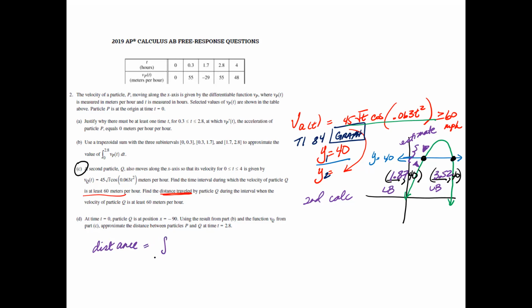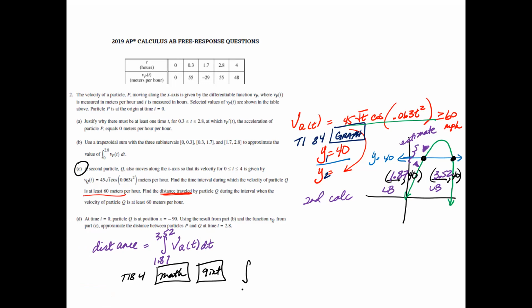So then if I were to look for the distance of this, it's going to be the integral of 1.87 to 3.52 of v of q of t dt. So to do this, you also need your TI-84 one more time. You are going to go to math, go to 9, which is the integral button.